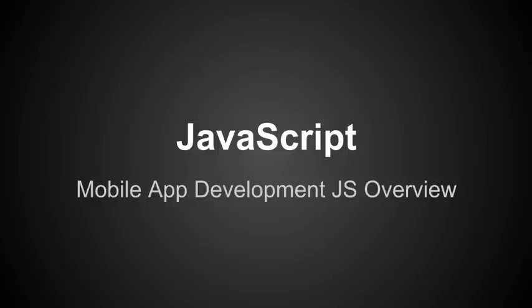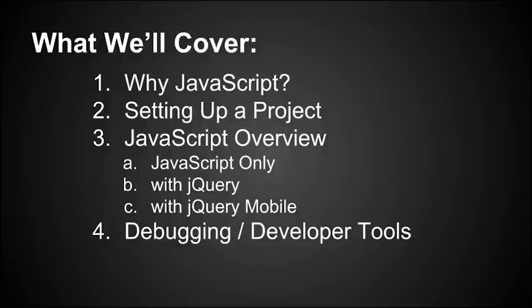So let's get started. Here's what we'll cover in this video. I'll discuss why we want to use JavaScript, how to set up a project in your IDE or any other editor, and then give a very rough JavaScript overview that's going to cover only JavaScript, then JavaScript with jQuery, then JavaScript jQuery with jQuery Mobile as a plugin.